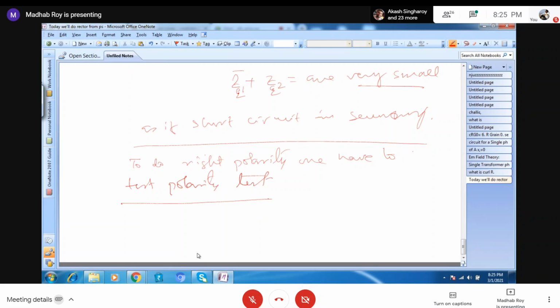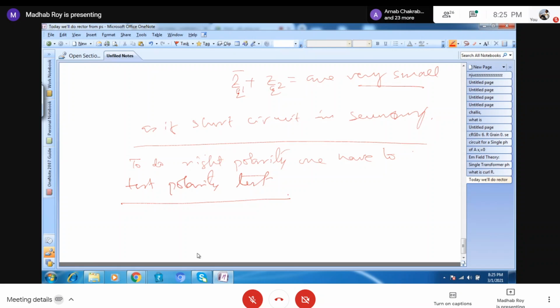Anybody have any idea regarding the polarity test? Today the class is going very lengthy. Already 1.5 hours is going on. Anybody have any idea regarding the polarity test? Yes, sir. We have studied in diploma. We are lateral entry students. But those who are regular, they have no idea on that.